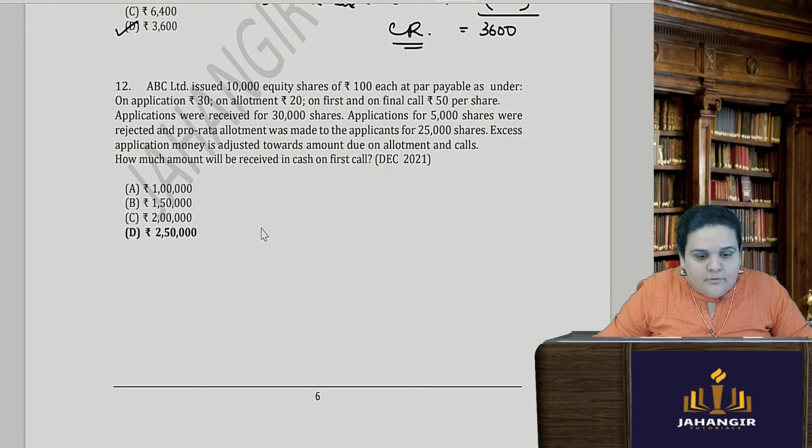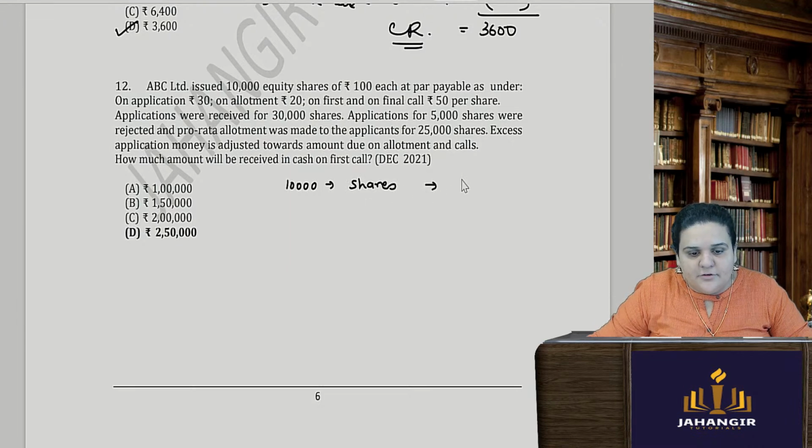Okay. Now there are only 10,000 shares, but I have received applications for 30,000. That means I have received 20,000 extra. Out of that 20,000, 5,000 I have rejected and refunded, and for the balance 15,000 I did a pro rata.